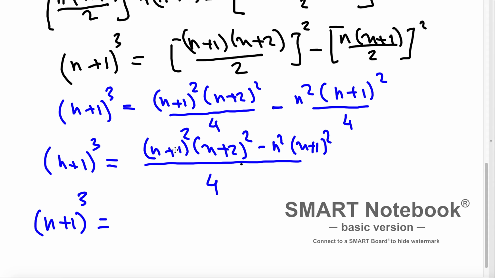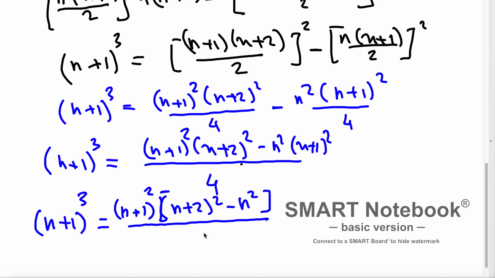It is equal to, now we are taking n plus 1 square as a common factor, and what remains here is n plus 2 square minus n square. This is what remains here, because n plus 1 square is a factor, divided by 4.